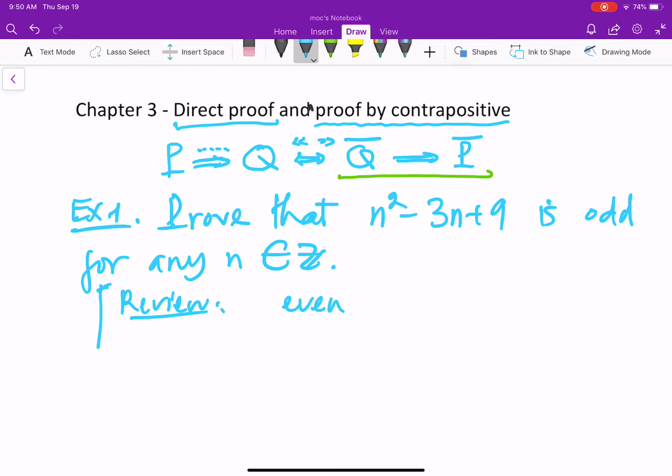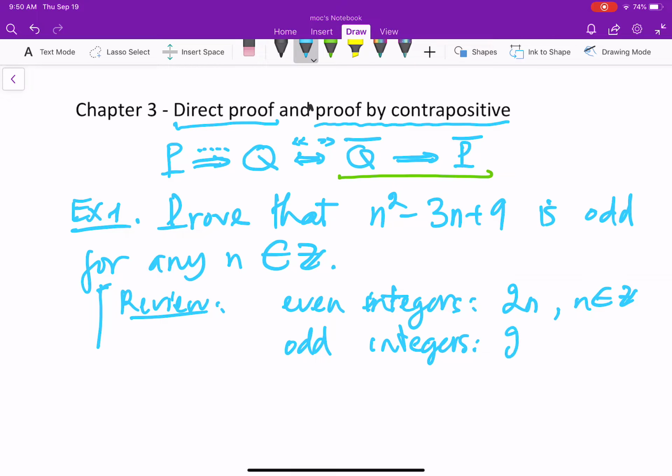So we have even integers. Even integers are of the form 2n, where n is some integer. And we have odd integers. They are of the form 2n plus 1 for some integer n.